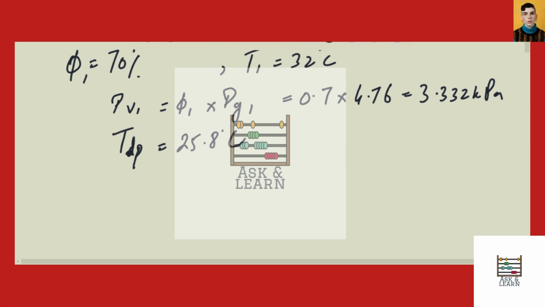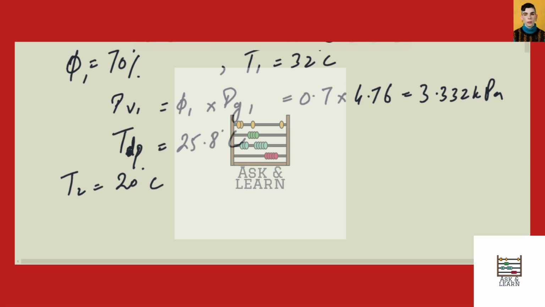So the temperature of the cooled air, T2, is equal to 20 degrees centigrade, which means there will be some condensation of water in the cooling process.